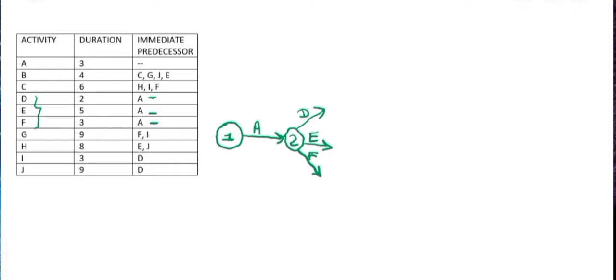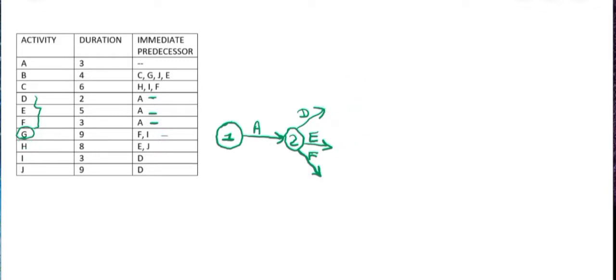But then what will happen is that as we can see here, the immediate predecessor of G is F and I. And the immediate predecessor of H is E and J. So here, let me just show you that D is the immediate predecessor of I and J. So will I be able to connect F and I if I draw my arrows for D, E, F like this?